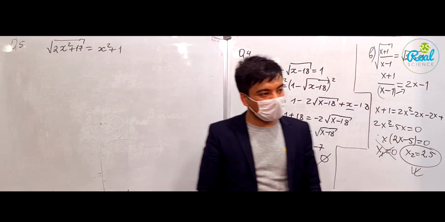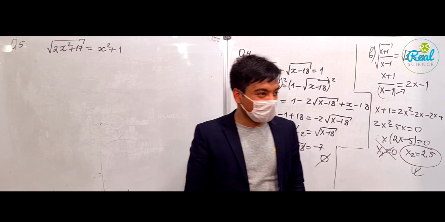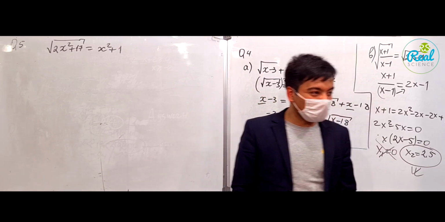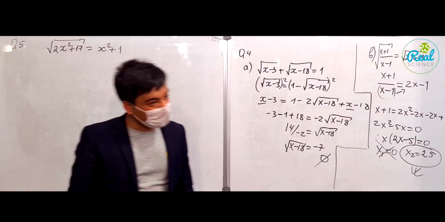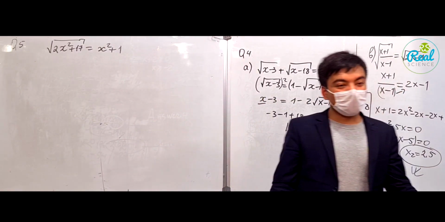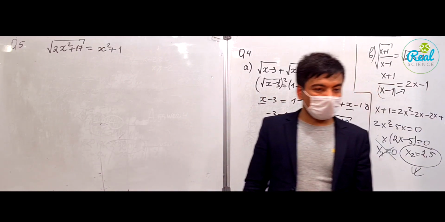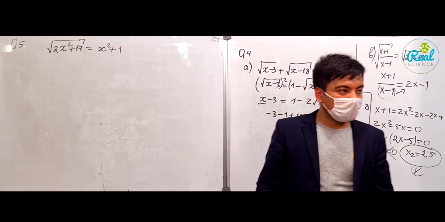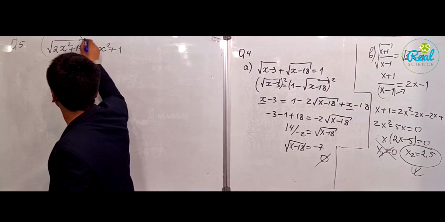Why, students? Because it's an equation. There is x squared. X squared is always positive. We know the sign. Sign is positive. That's why we don't need to check. Okay? So raising to the second power.